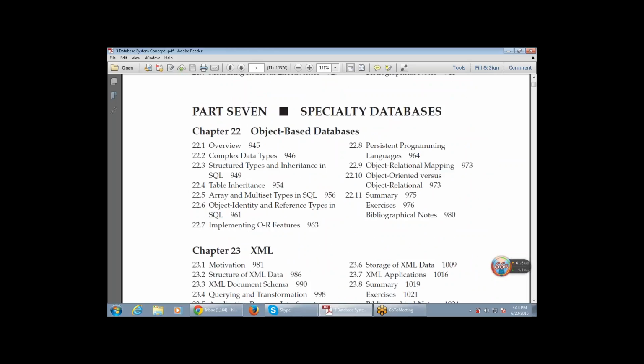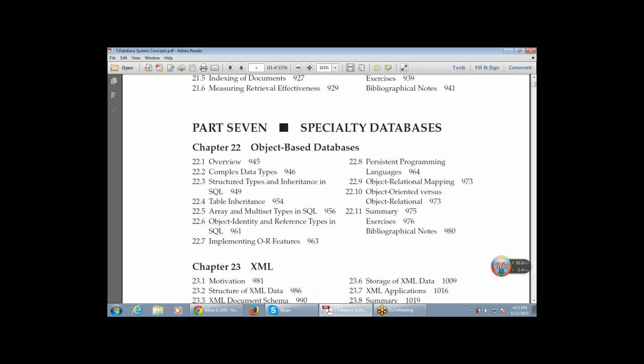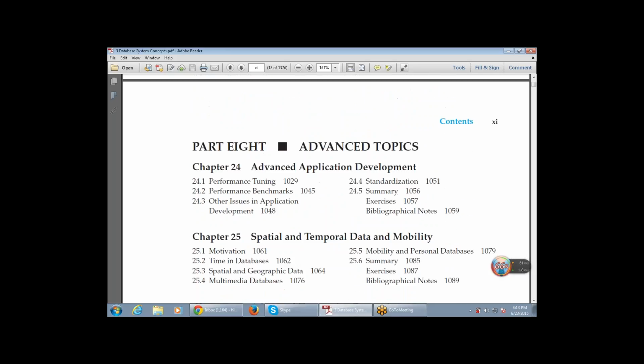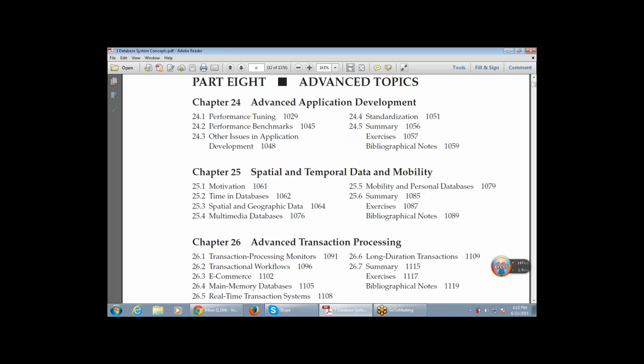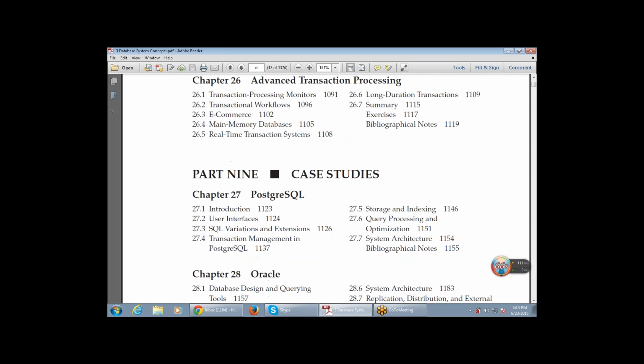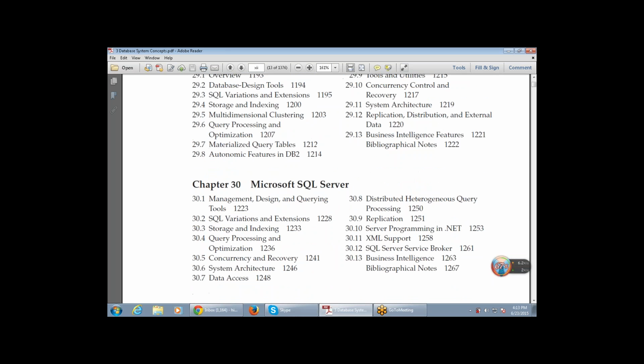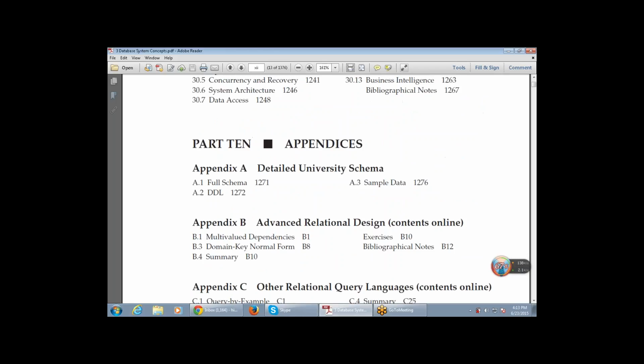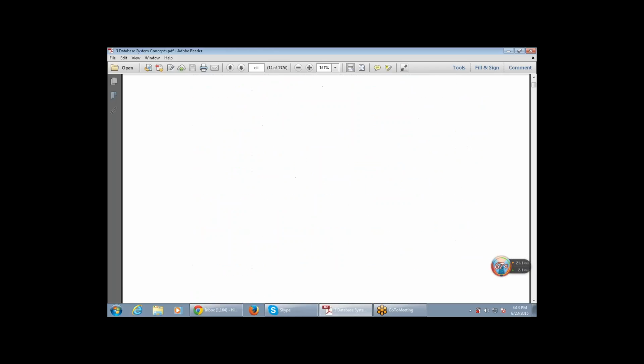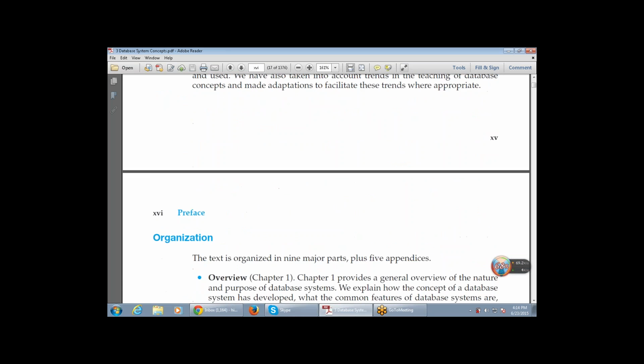Part 7 is specialty databases, the special databases that are available. Part 8 is advanced topics. Part 9 is case studies. These are the multiple chapters available in this book, and Part 10 is the appendices. We started with chapter number 1, the introduction to the database.